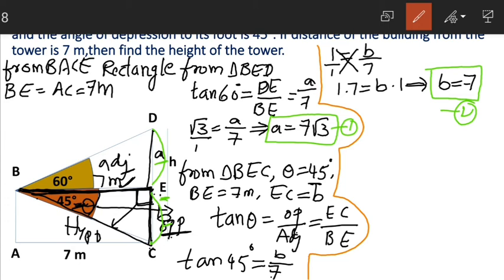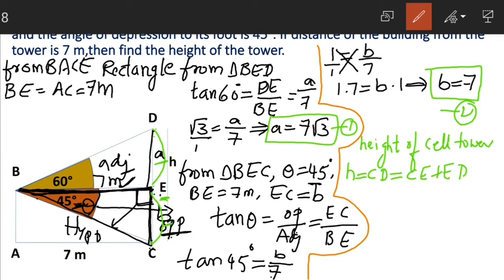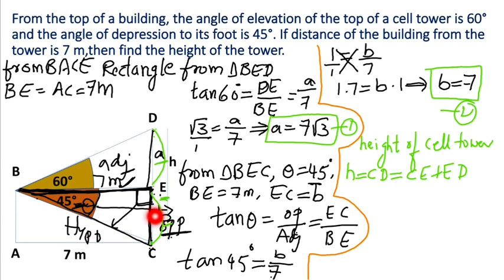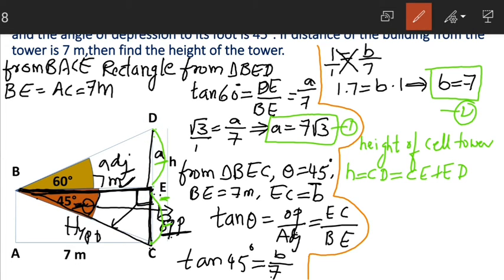Now we get the height of the cell tower, that is nothing but H. H is nothing but from C to D. C to D is nothing but C to E plus E to D. By adding these two, we get the C to D length, so that is what we have to find. Here C to E is small b plus E to D is small a.